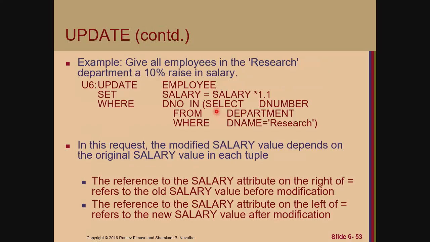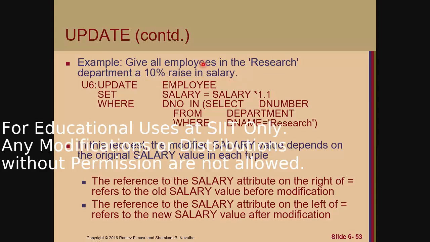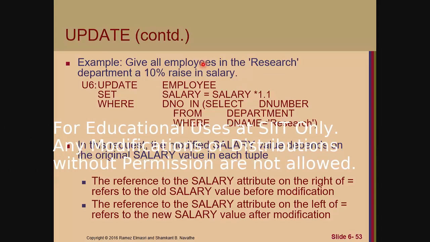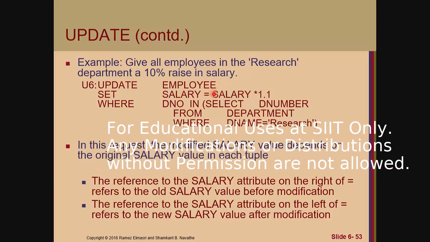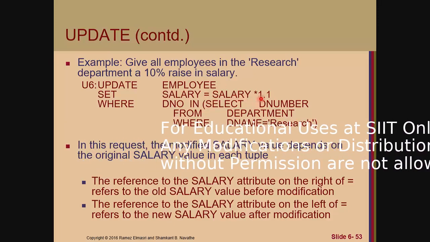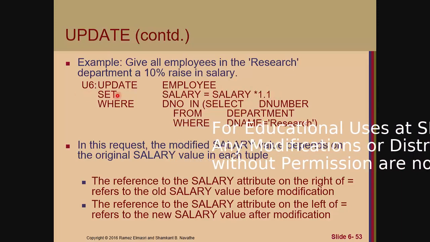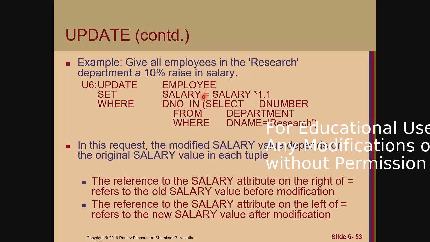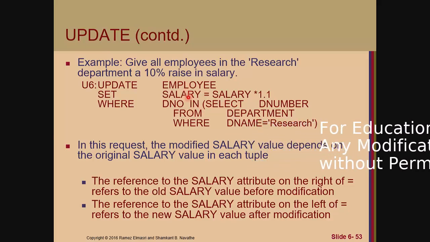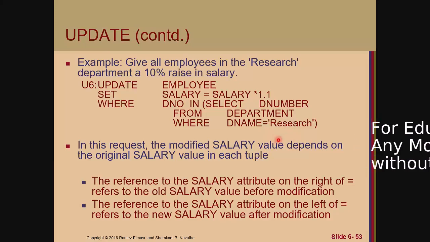Or here, as I told you before about this kind of requirement, if we want to give our employees in the research department a 10% raise in salary, and update in just once, you just use this command: update employee set salary equal salary multiply 1.1. Then you can change the salary of all the employees in the research department. Okay, this kind of command. I think you can do it.